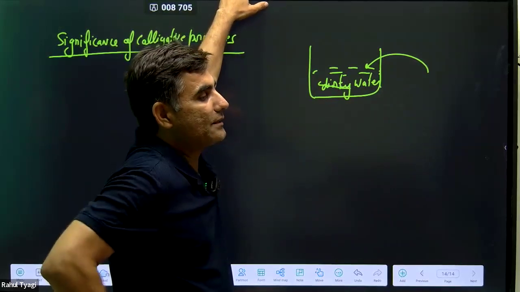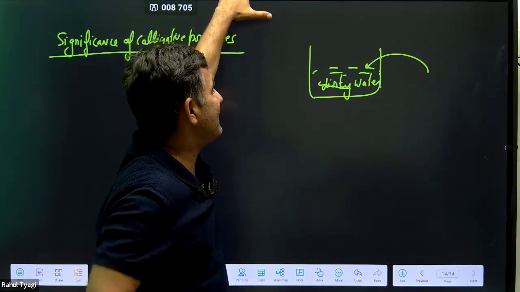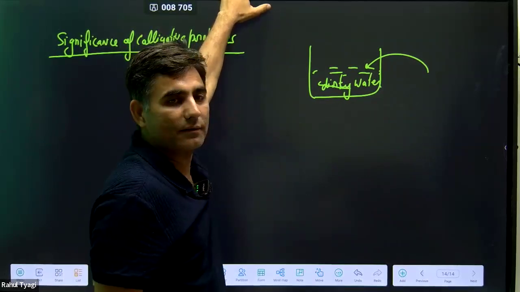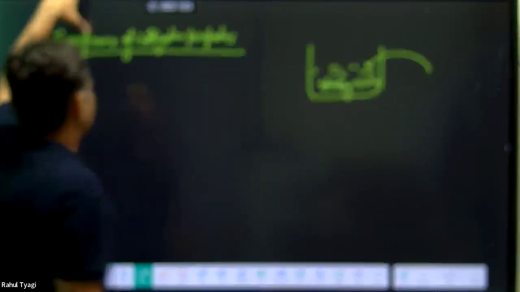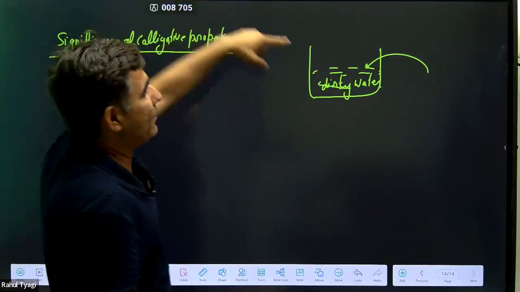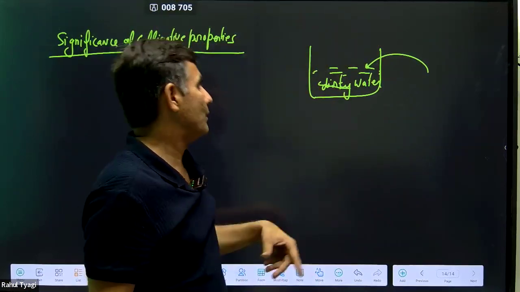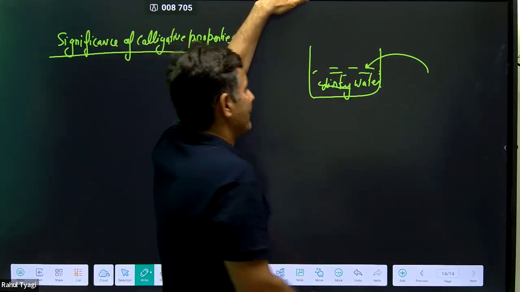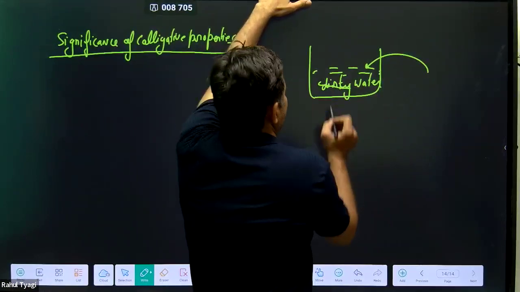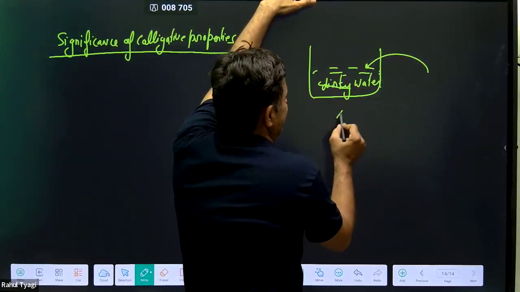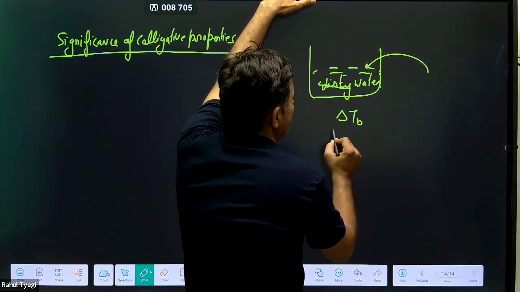If someone asks me what is the molar mass of this compound that is mixed with this water, with the help of colligative property I can find out the molar mass of this dirt or impurity. How? First, I can calculate experimentally the delta TB, the elevation in boiling point.